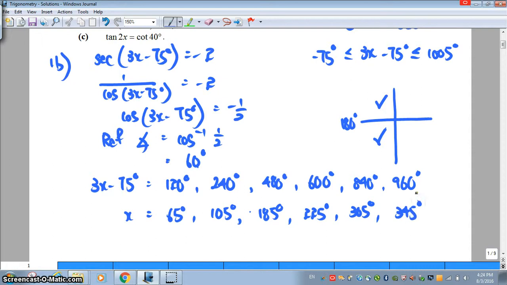And notice all the answers also lie between 0 and 360. So we will accept all these 6 solutions. Okay, with that, we are done with question 1b.